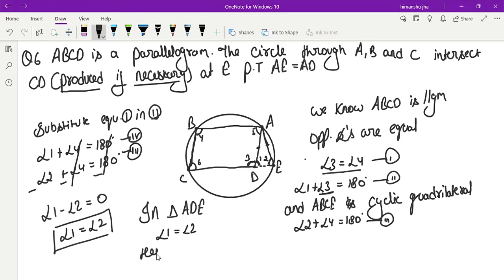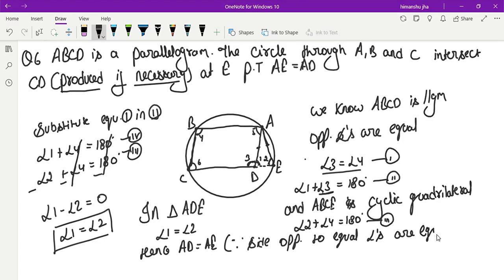Hence AD is equal to AE, since sides opposite to equal angles are equal. Understood? Yes, sir. Okay, note it down.